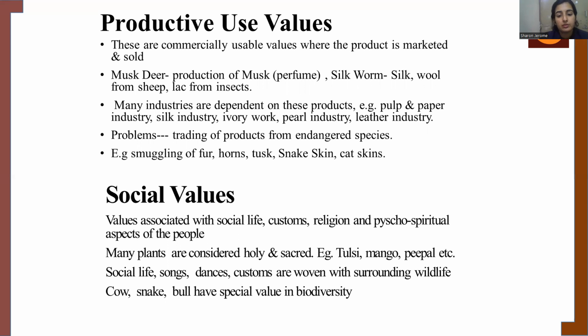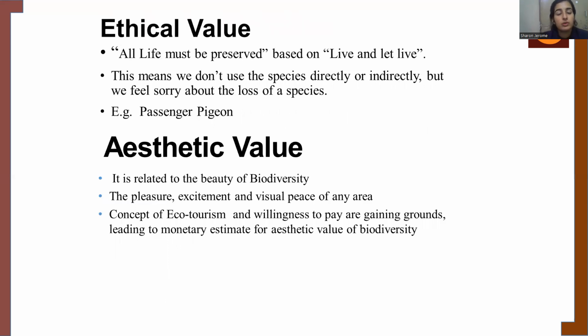When we talk about the ethical value of biodiversity, it is also known as existential value. If we want our human race to survive, then we must protect all biodiversity, because biodiversity is valuable. Once something is extinct, there is no going back and bringing it back. It is not possible. Extinct is extinct.